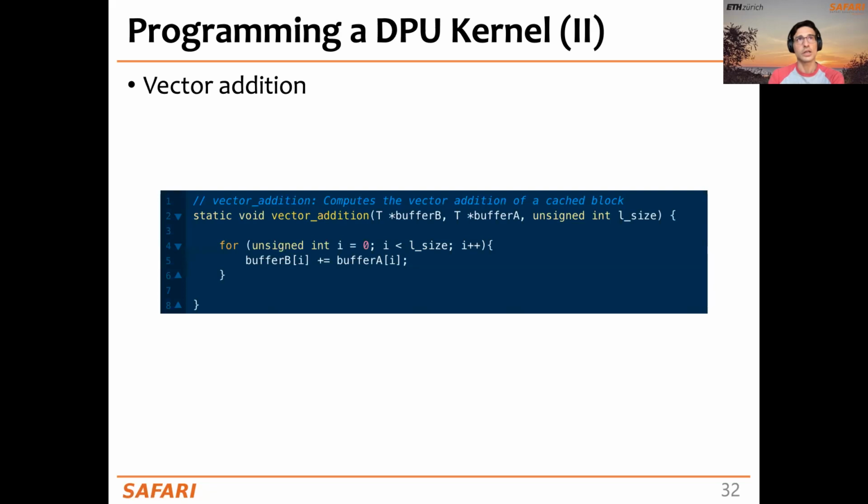And here you can see the code for the vector addition itself. This is executed by each individual tasklet after having loaded chunks of A and B into the WRAM. The tasklet will go over all the elements in these chunks A and B in WRAM and perform the element-wise addition.